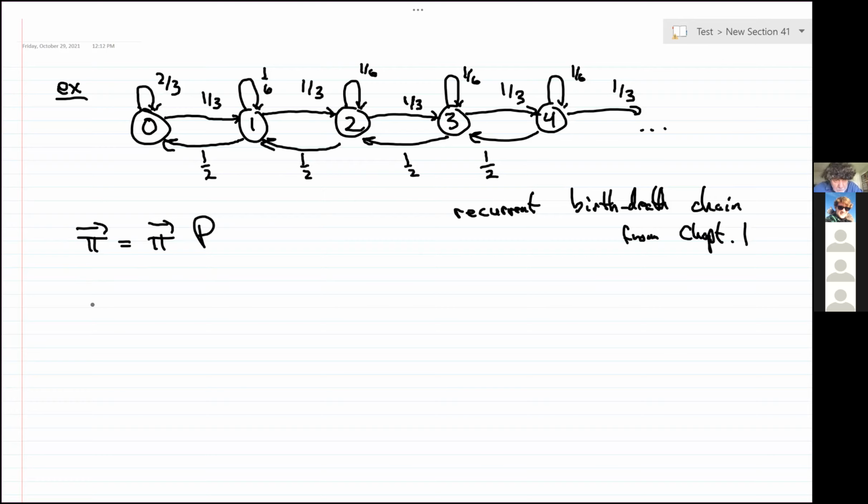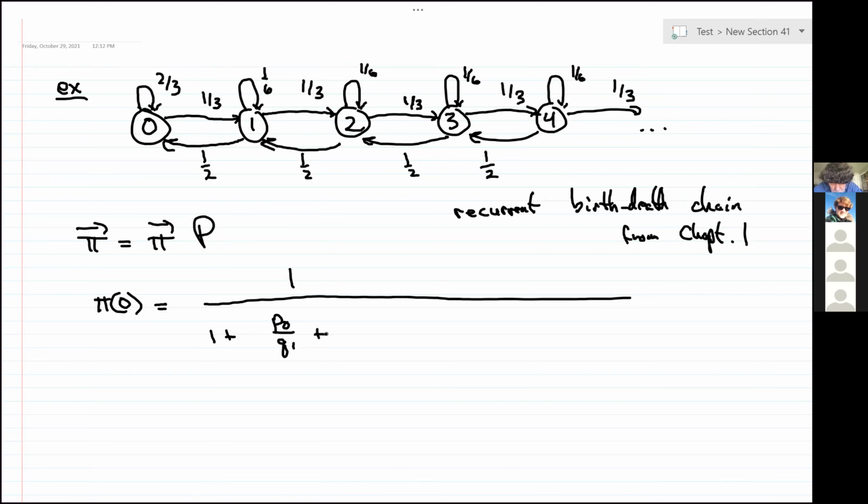So pi 0 turned out to be 1 over 1 plus p0 over q1 plus p0 p1 all over q2 q1 plus p0 p1 p2 all over q3 q2 q1, dot dot dot. That's from the previous page. It's from what we just proved.